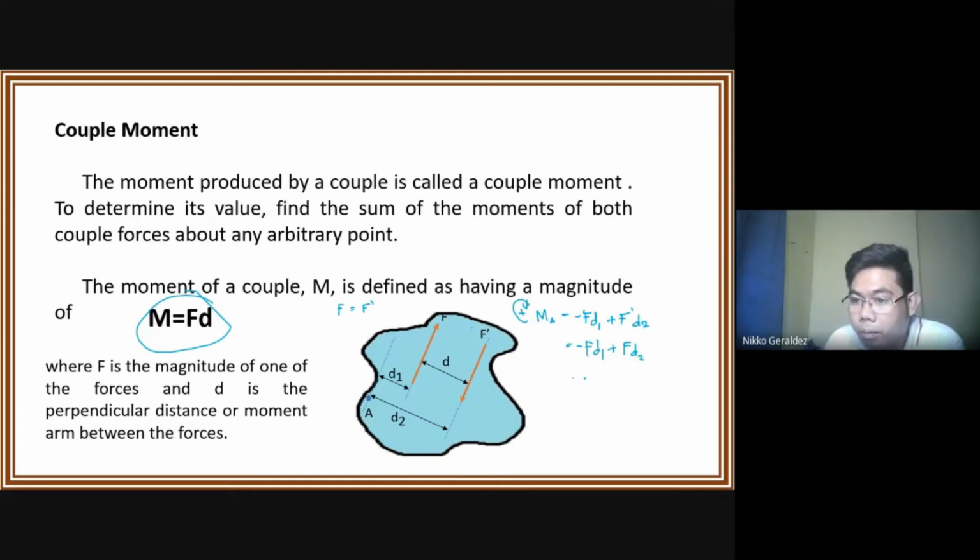Factoring out F, we have F times (d2 minus d1). The difference between distance 2 and distance 1 is equal to the perpendicular distance between F and F prime. So we have F times d.